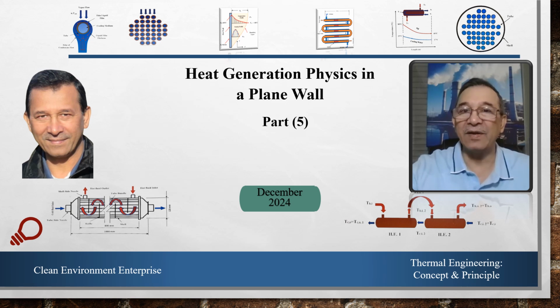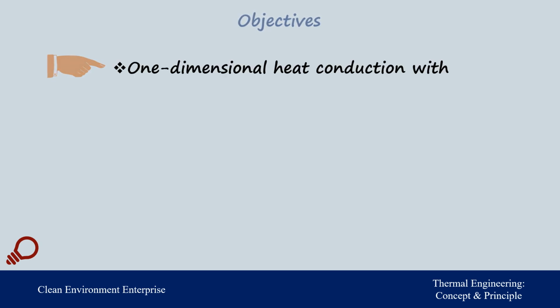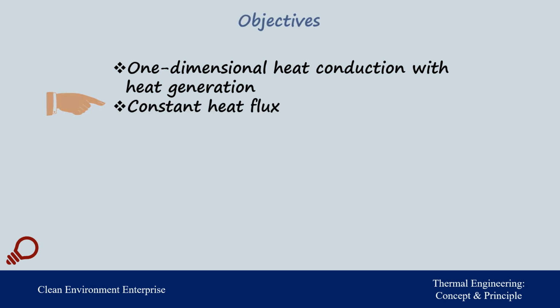Let us start with the objectives of the present episode. The objectives of the present video include the one-dimensional heat conduction in a plane wall where there is a heat generation inside that wall.